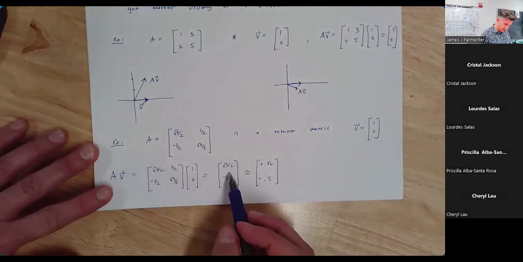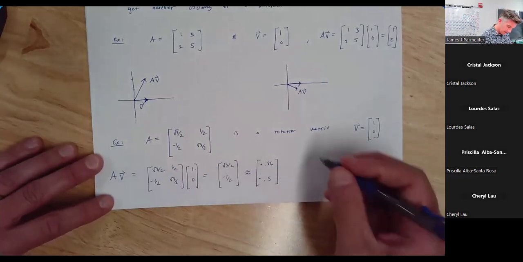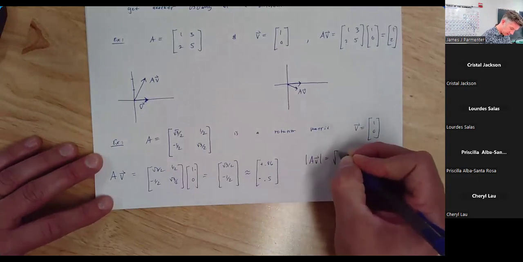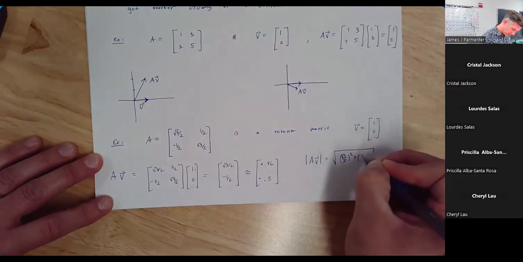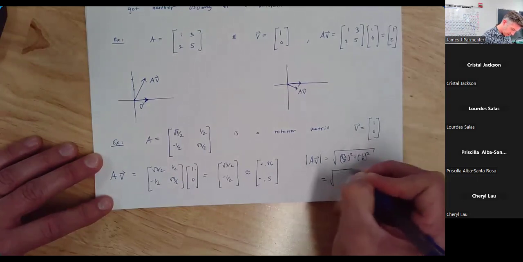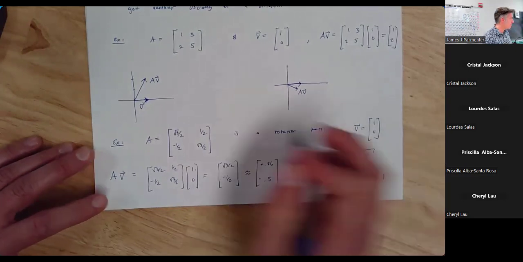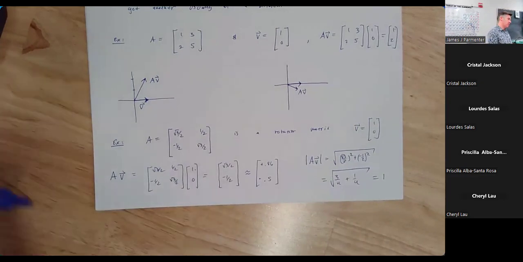Because if you find the magnitude of this vector, in fact, let's find it. The magnitude of the vector A times v is the square root of (√3/2) squared plus (-1/2) squared, which is the square root of 3/4 plus 1/4, which is the square root of 1, which is 1. This matrix didn't change the length of the vector because this matrix is special.